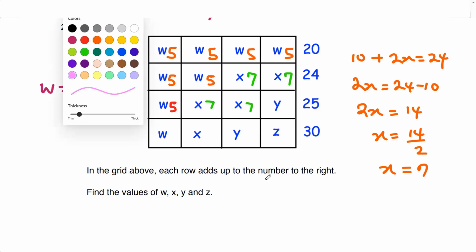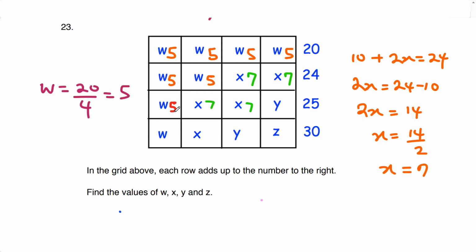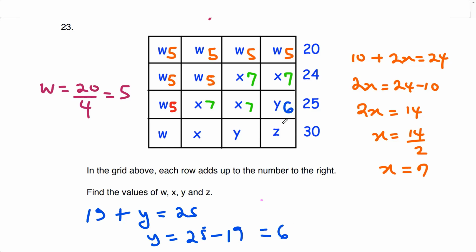Again, let's take a very simple approach. So we have 5 plus 7 plus 7. That's definitely going to be 19. So we have 19 plus y is equal to 25. Obviously, y will have to be 25 minus 19. I think that's going to be 6. So y is definitely going to be 6.